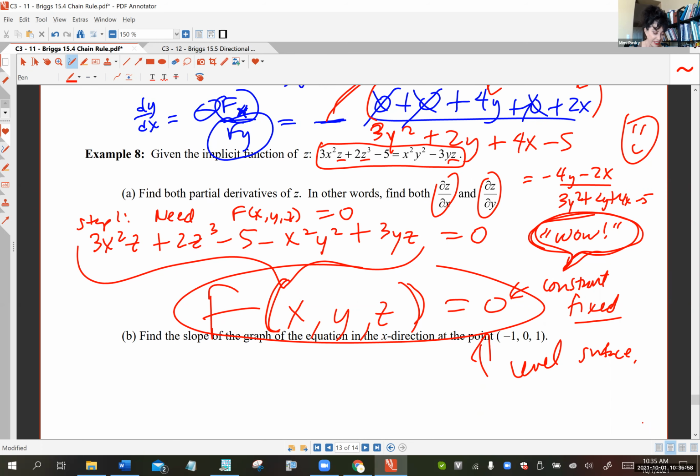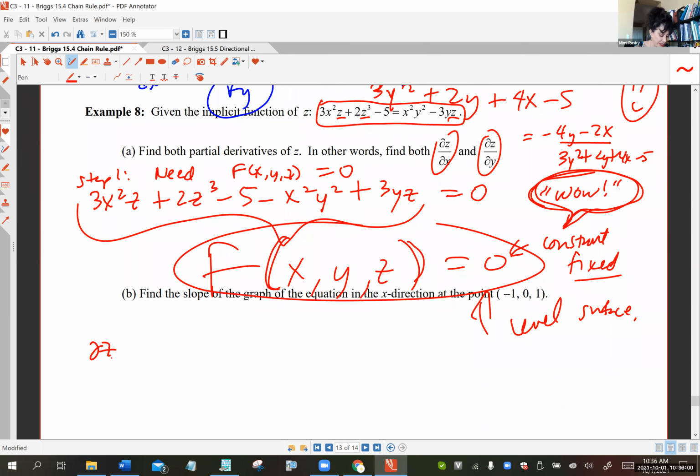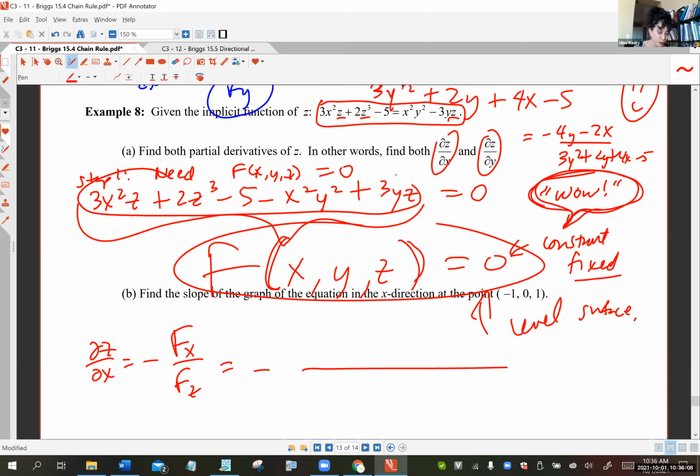So now let's go get dz/dx. Okay, so dz/dx is negative big Fx divided by big Fz. Here we go. Negative. Let's take the derivative of this huge mess with respect to x. That means you have to hold y and z constant. So that means put on a special set of glasses and treat y and z as pure numbers and take derivatives with respect to x.